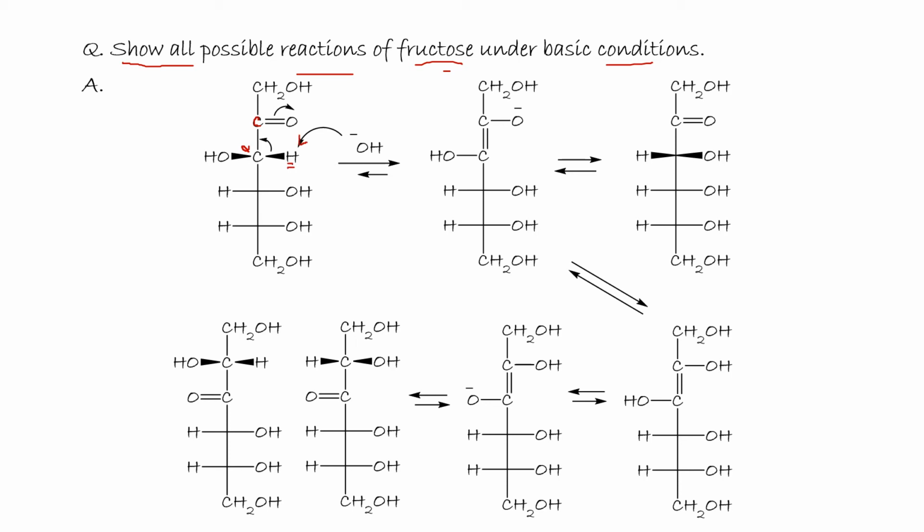The base will take this hydrogen to form the enolate, then this will come back attacking a water molecule H, and reprotonation once again from the upper side or from the bottom side, leading to the formation of epimers on this carbon.